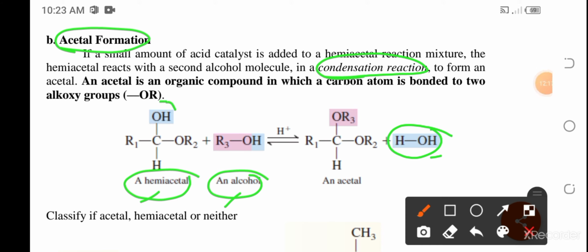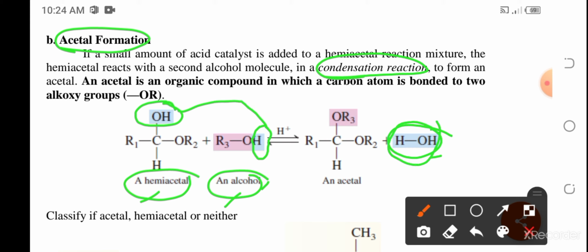So, paano ito? The hydroxyl from the hemiacetal will be removed and the hydrogen of the hydroxyl group in the alcohol will be removed and they're going to form water.